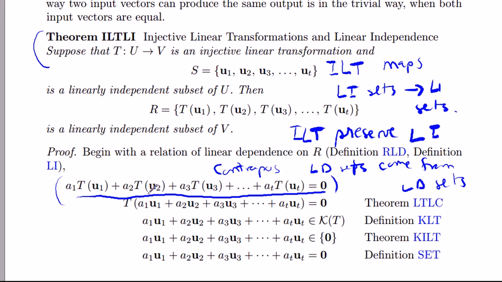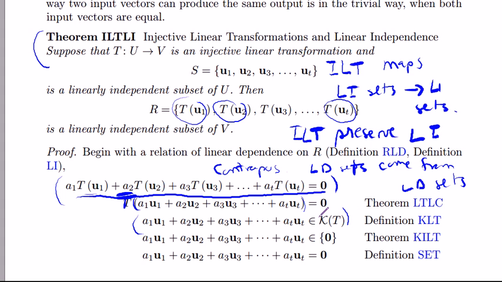Suppose we have a linear dependence relation among the images of your vectors. Now, by using the linearity property, we can write this linear combination of images as the image of the linear combination. So we have T of this particular vector is equal to 0. Well, what does that mean? That means that this vector is in T inverse of 0, which is the same thing as saying that this vector is in the kernel.